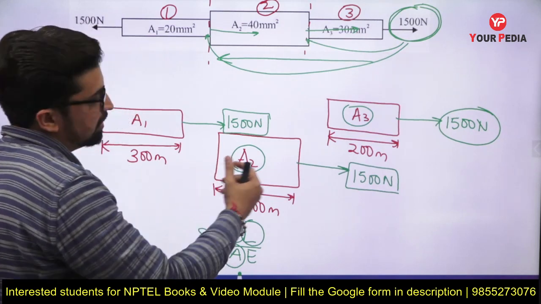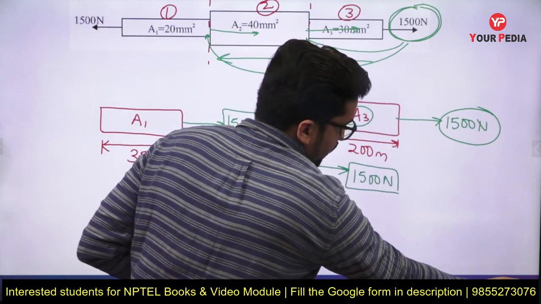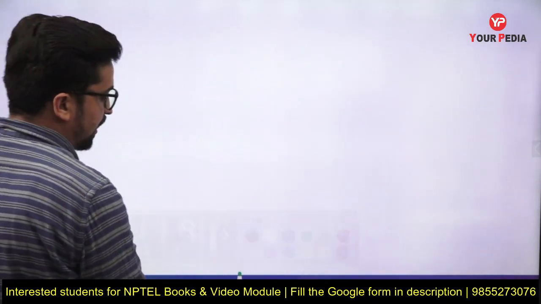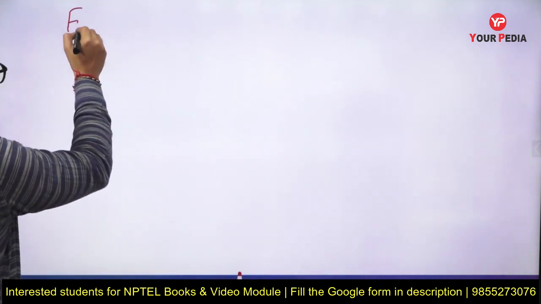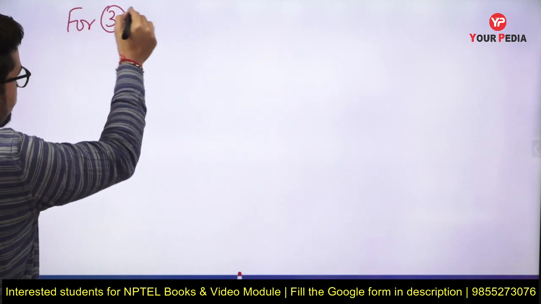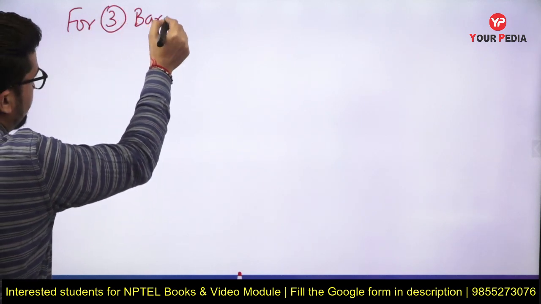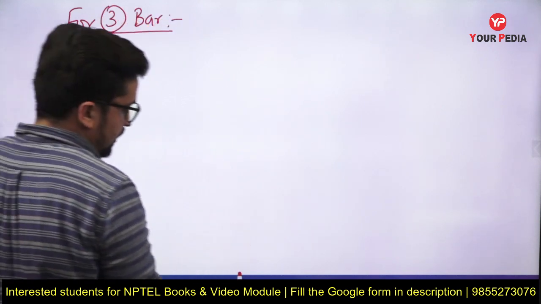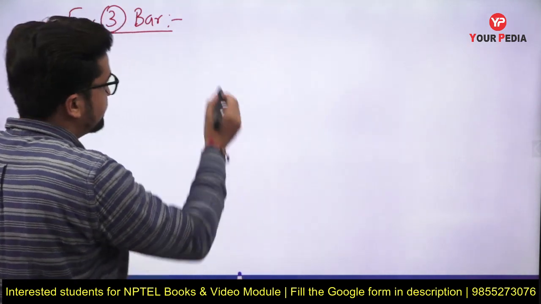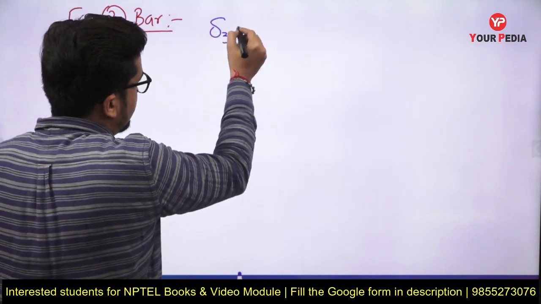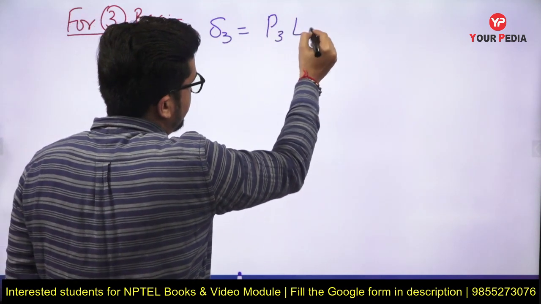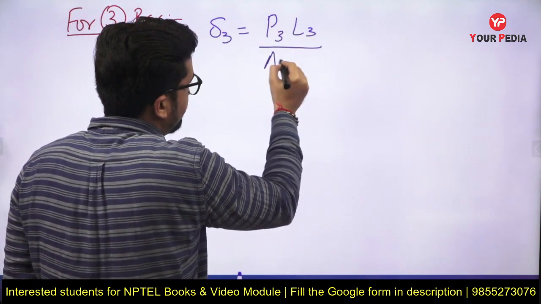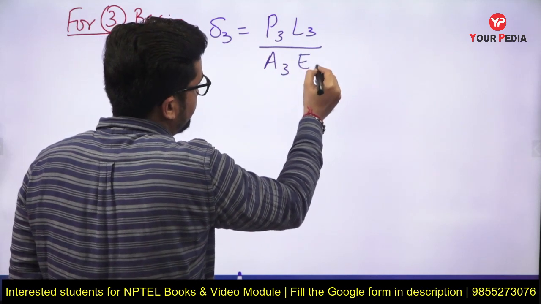Let us take first the A3 bar. For the third bar, the deformation, let us say delta 3, will be equal to P3 into L3 upon A3 into E3.